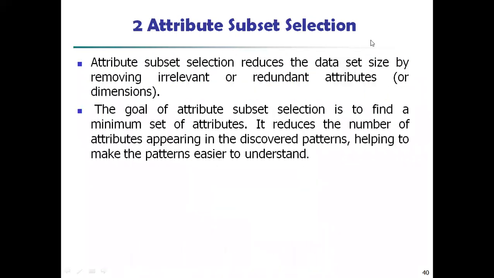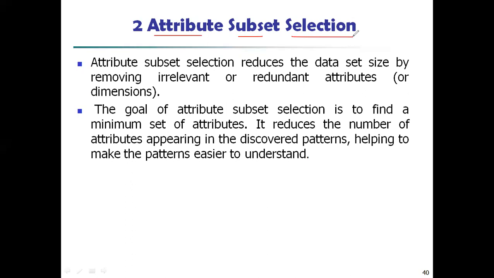Okay. Next, the second technique of data reduction is attribute subset selection. What is it? For example, if we have a table, the table may have multiple attributes, isn't it? Attributes are the field names or column names of the table. How are we going to select the important attributes from that particular table?